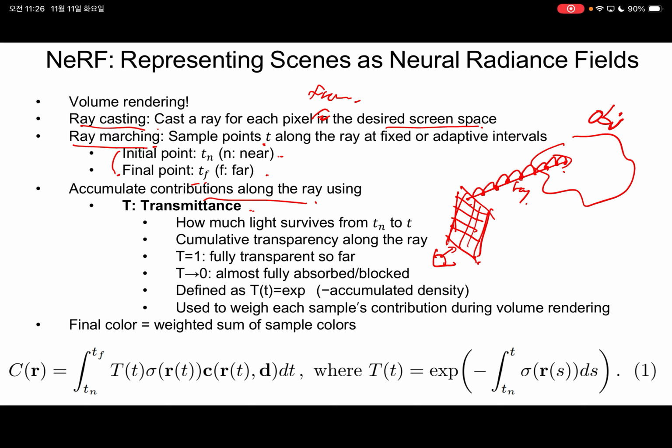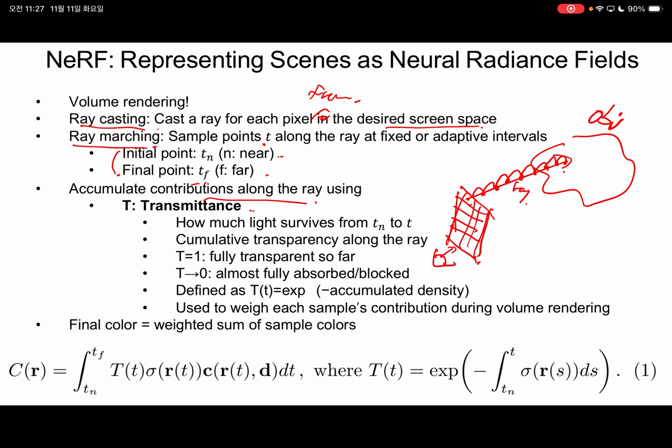For example, if we shoot a ray and this ray meets a surface, we cannot see the surface behind it, because light after the surface does not survive. Once light meets the surface, the light just ends. That is the reason why we cannot see the back of the surface.